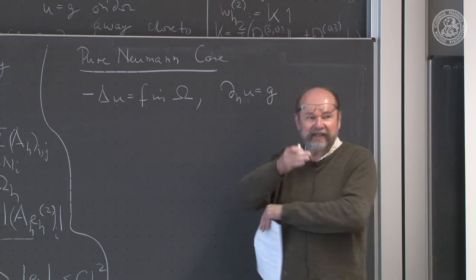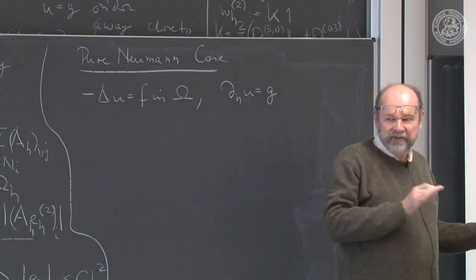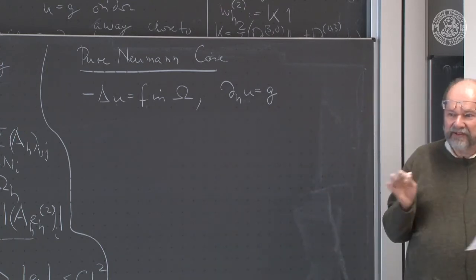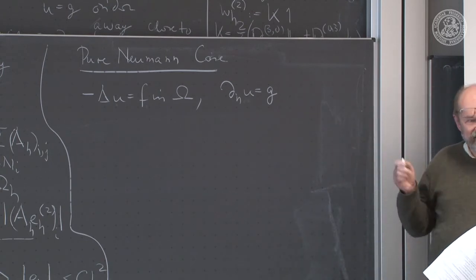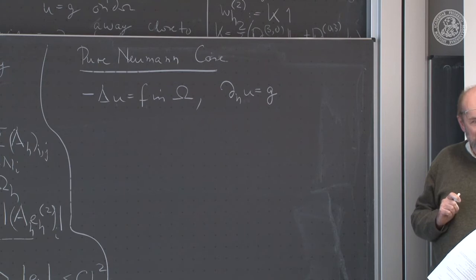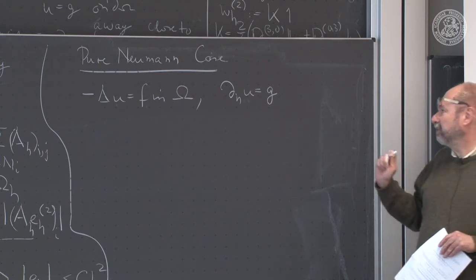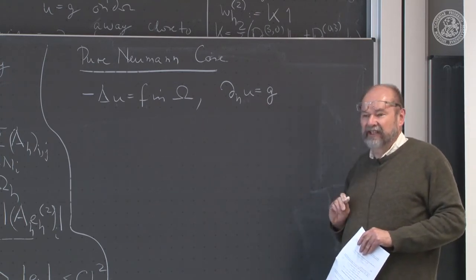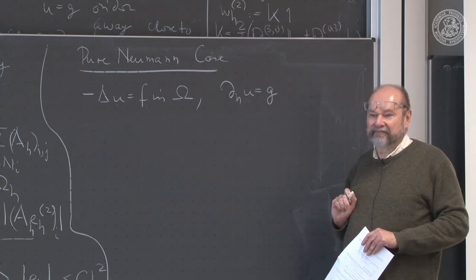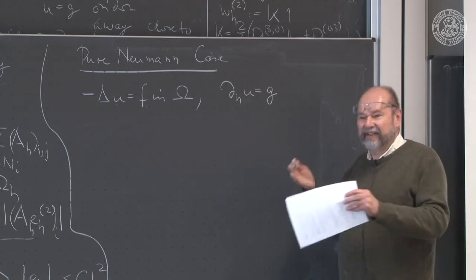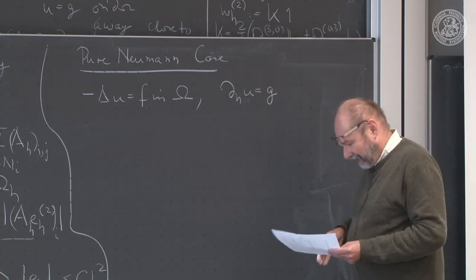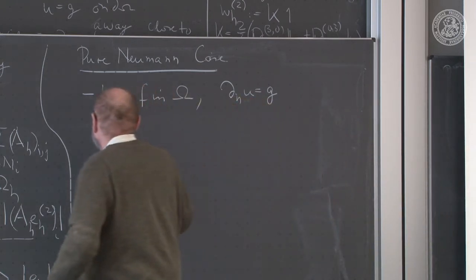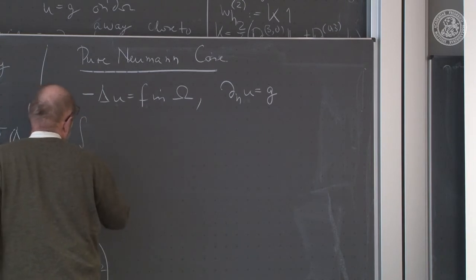If I say source, I always say source or sink, and whether we have a source or sink, also depending on the point x, is regulated by the sign of f. So this combined with a positive g does not seem to be possible. But is a positive f with a negative g maybe possible? Seems so. Okay, so let's do a simple computation.